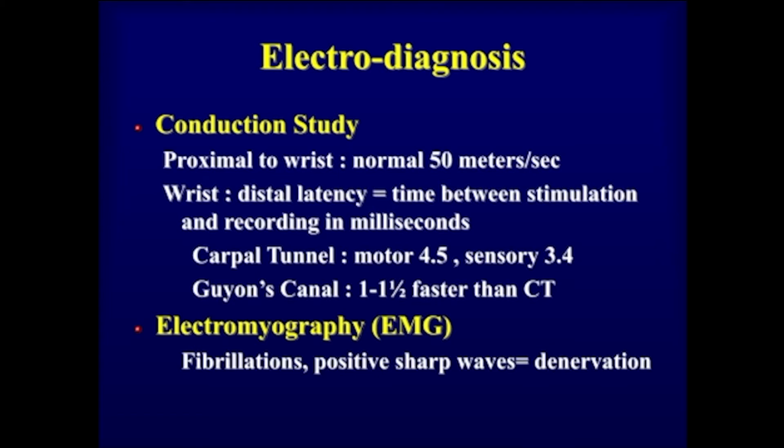We look for slowing of conduction, and we look for reduction in amplitude of response. As far as the EMG portion, this is critical in determining whether or not there's any evidence of axonal loss, where you see evidence of fibrillations or positive sharp waves. In the absence of fibrillations and positive sharp waves, this probably presents as a neurapraxic lesion rather than as an axonotmesis.